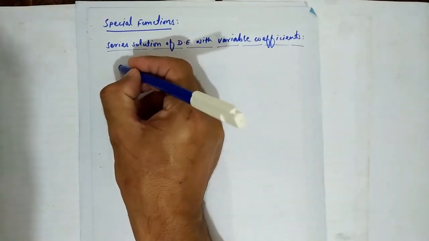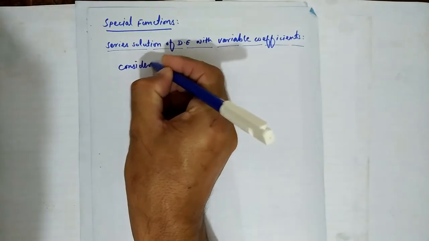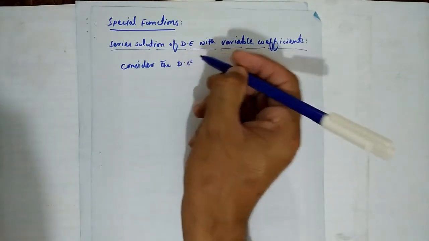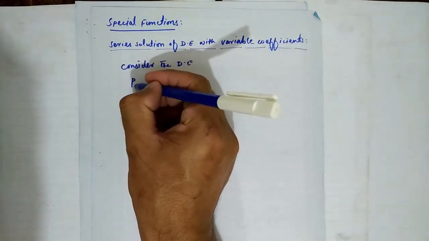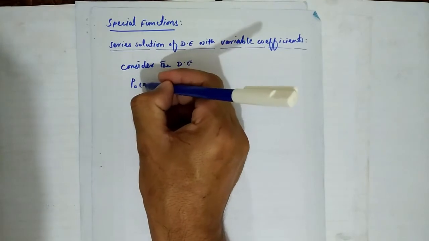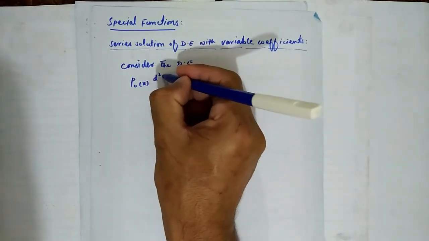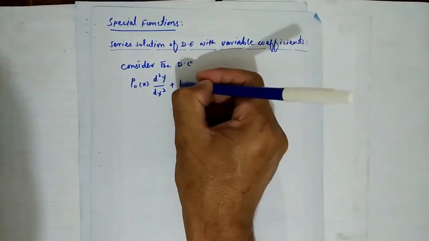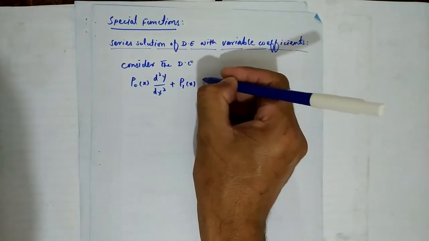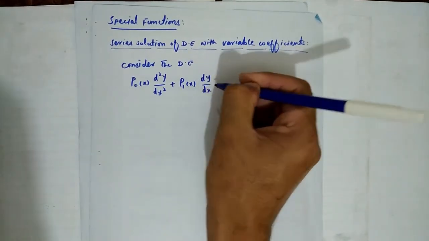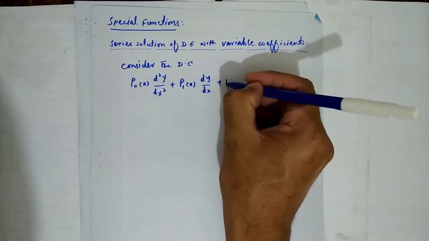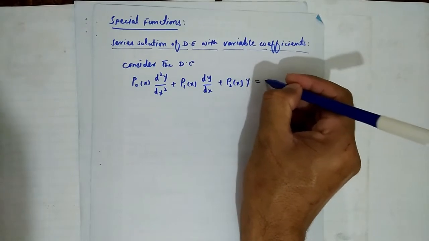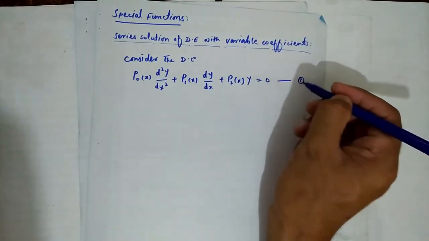Let's consider the differential equation P naught of x d square y upon dx square plus P1 of x dy upon dx plus P2 of x into y. This is equation number 1.